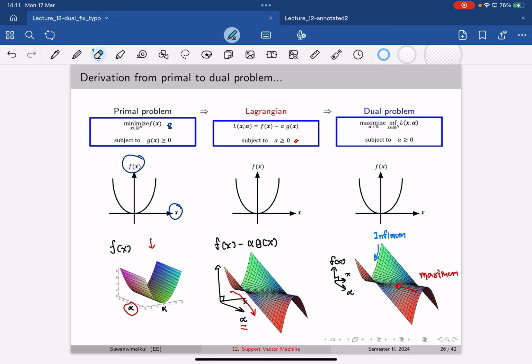If you change your x, f(x) could go very low, but of course, since it's convex, there will be a global minimum point, like this one. And you can change x such that the value of the function increases again. In this minimization problem, you want to find the x that gives the lowest value for f(x). If you plot f(x) against x in this plane, you can see that f(x) varies according to x.